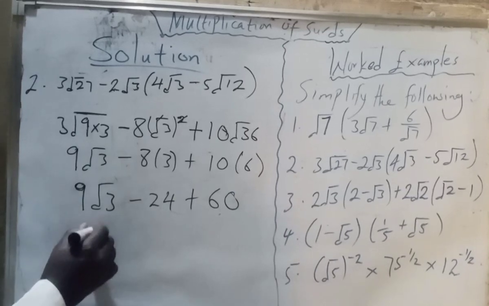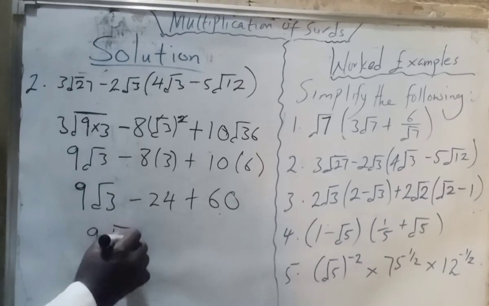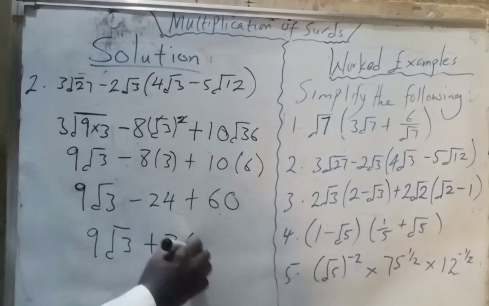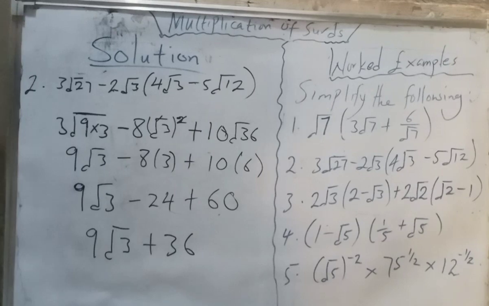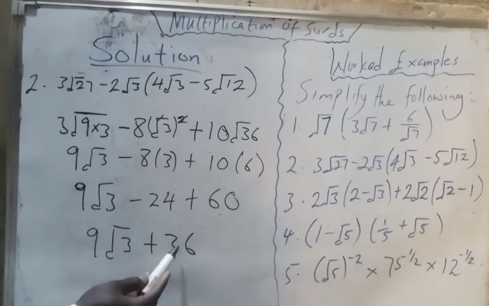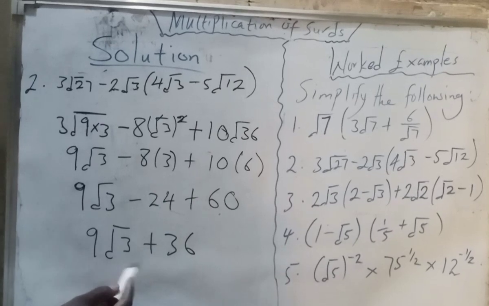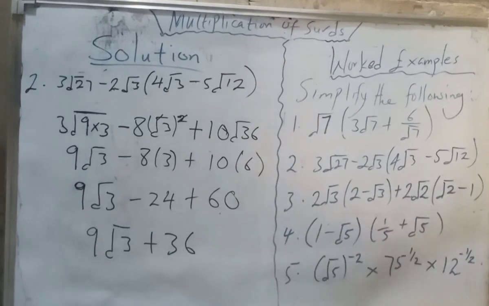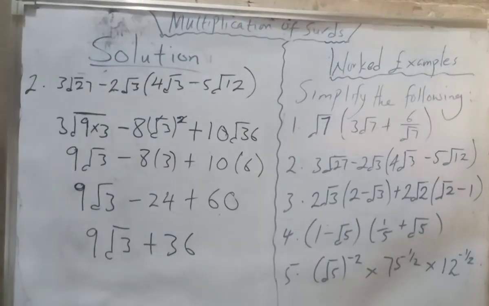So we have 9 root 3 plus 36. This is the answer to the question, even though you can also write your answer like 36 plus 9 root 3. That's how you can also write your answer.